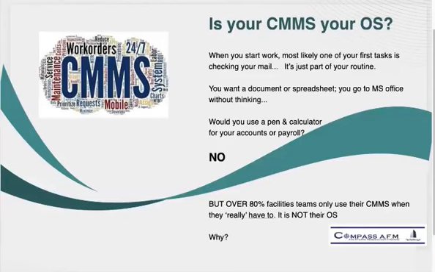So again, is it good enough to be your operating system? As I say, nearly every organization has Microsoft Office. You want to write a document or a spreadsheet, you don't even think twice about going to it. Same as I said before with your payroll, you're not going to try to do your payroll with a pen and a calculator.